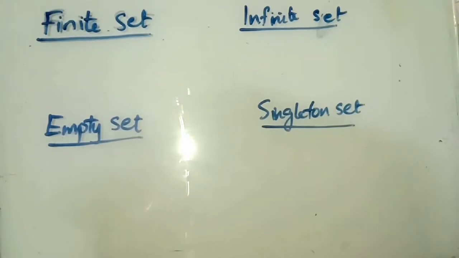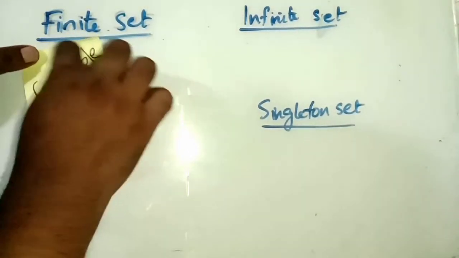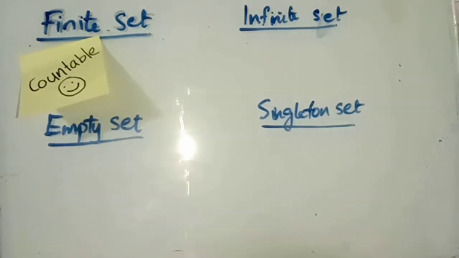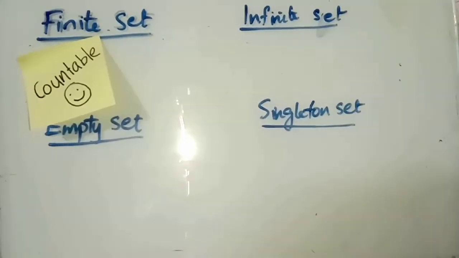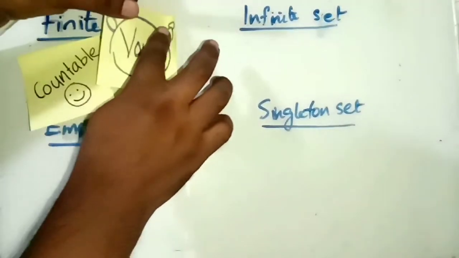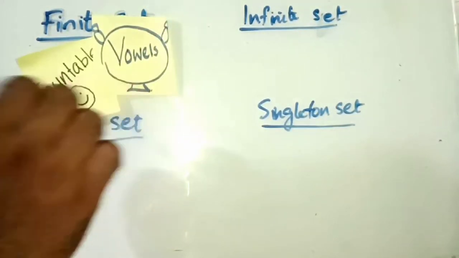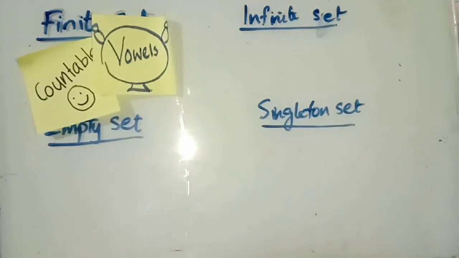It's nothing but a set which has a countable number of elements. If a set has a countable number of elements, we call such a set a finite set. Vowels are a finite set, isn't it? Vowels are a finite set.